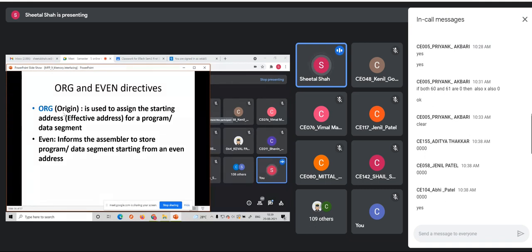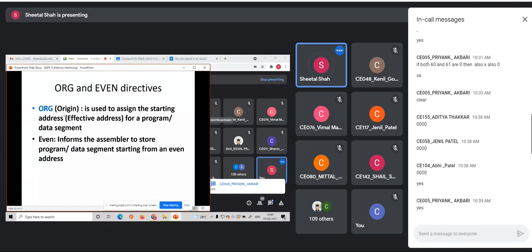Then if I write n defined by 10, instead of the offset value of n being 0, 0, 0, 0, now the offset value of n would be 300. Are you getting this? If I check the offset value, instead of 0, 0, 0, 0, it is now changed to 300.